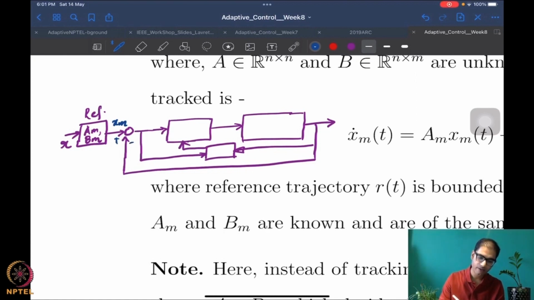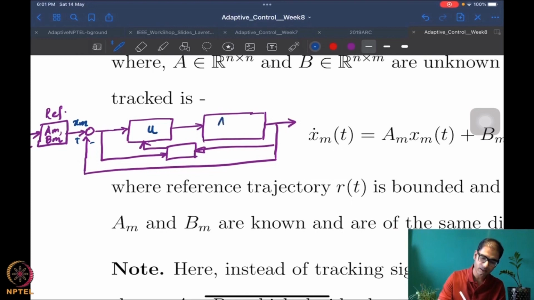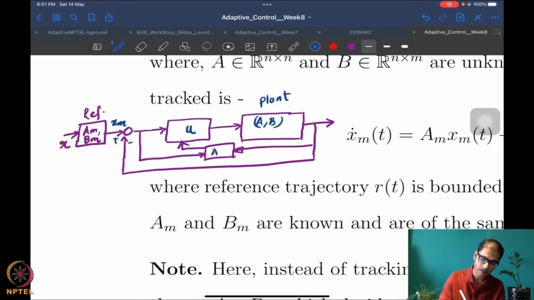And then you have something like a control here, u, and then you have the plant here, which is given by A, B, the plant itself. You have the adaptive block, which is A hat, B hat, if I may. It's a crude form, but this is how it will look.